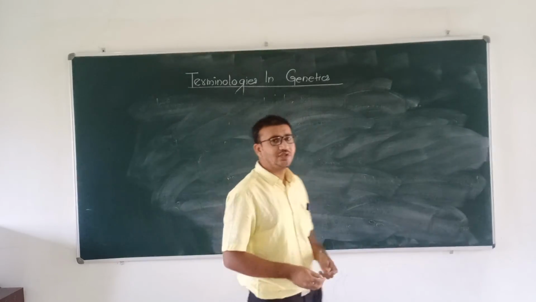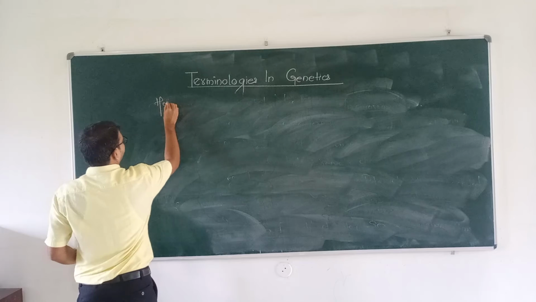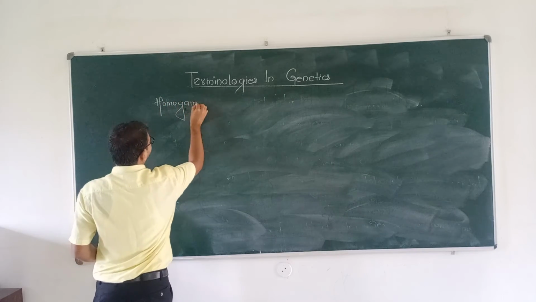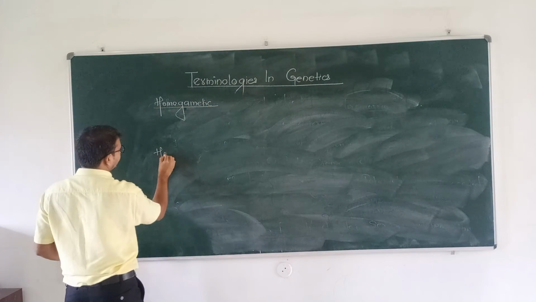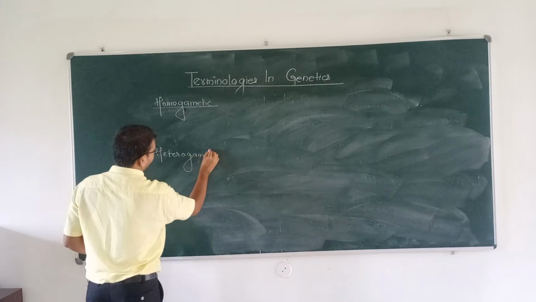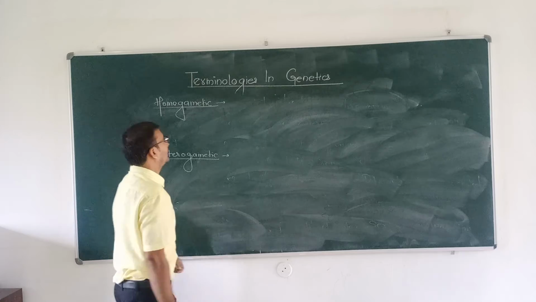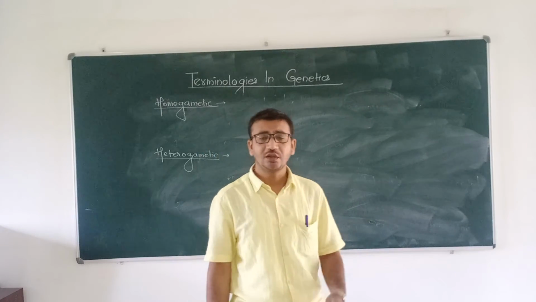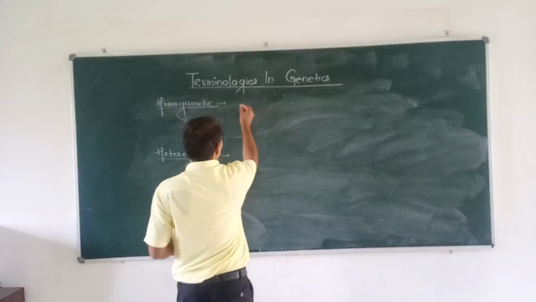Other terms that are used in genetics: homogametic, and the second one is heterogametic. Homogametic are those organisms, those individuals which can produce similar type of gametes.